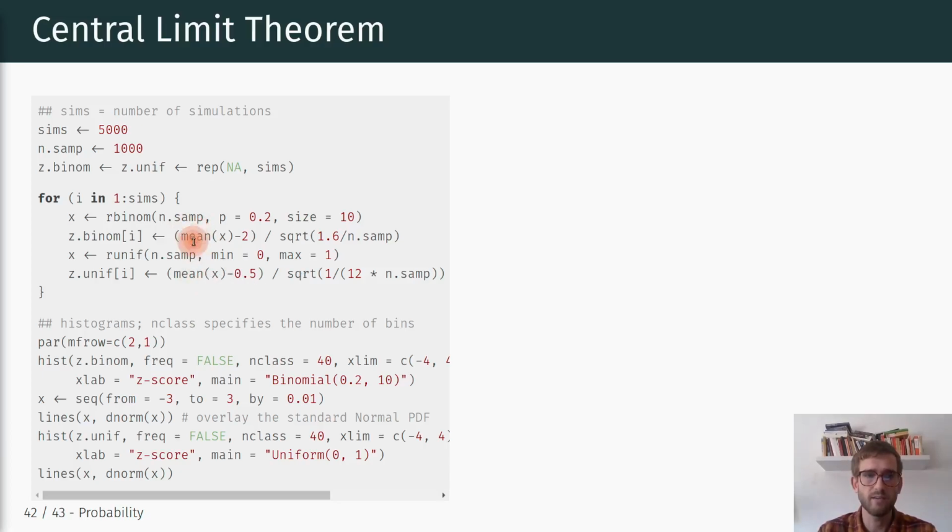Okay, so we take the average of these random draws, subtract the true population average, and divide by the standard deviation. Then what we're going to look at is histograms of the z-scores of these sample averages, and we're going to do this separately for the binomial distribution as well as the uniform distribution.